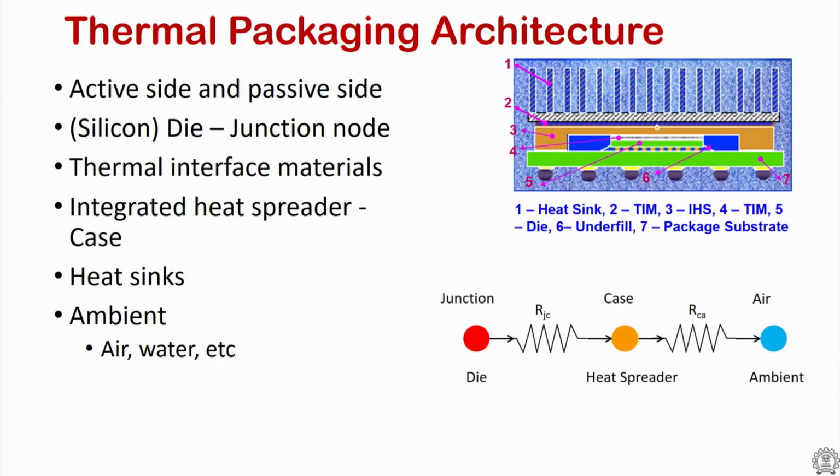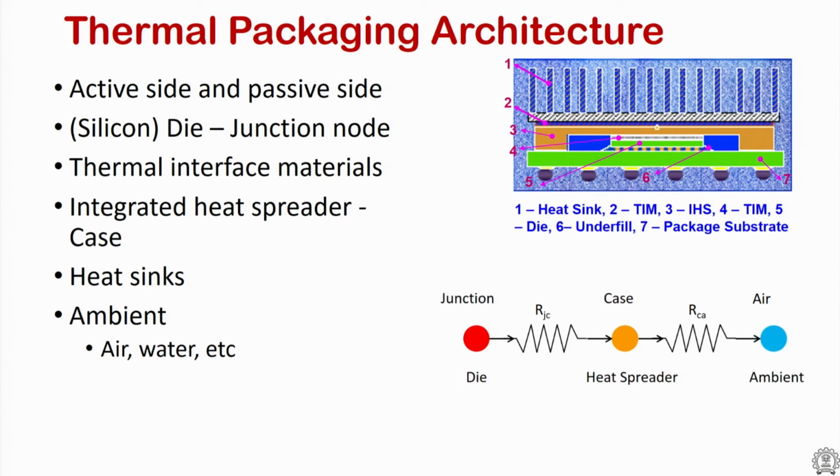So finally, to close out the module, we see that there are active and passive sides in a thermal packaging environment, where the active side is the die. There is the side we call the heat generation side, and where we mount a heat sink, thermal interface material, spreaders, and so on.